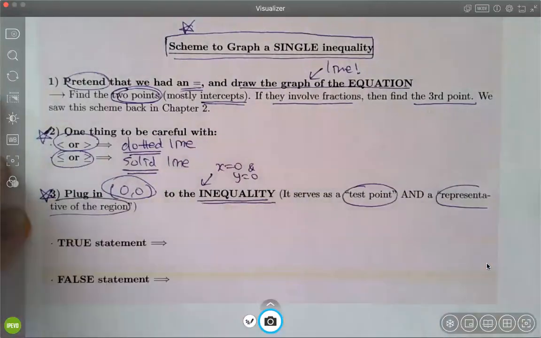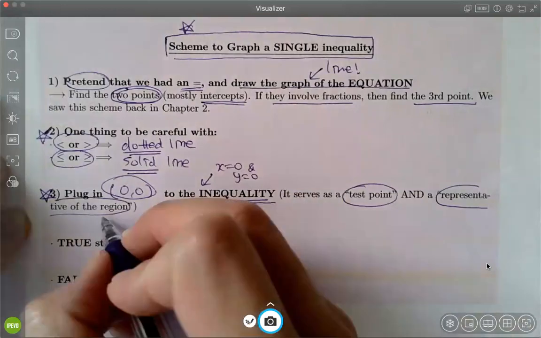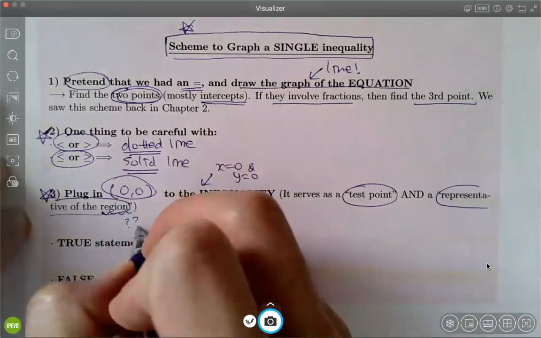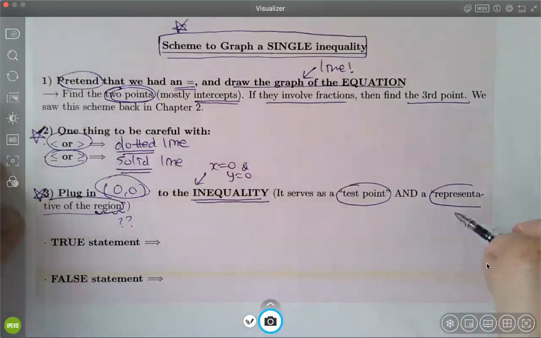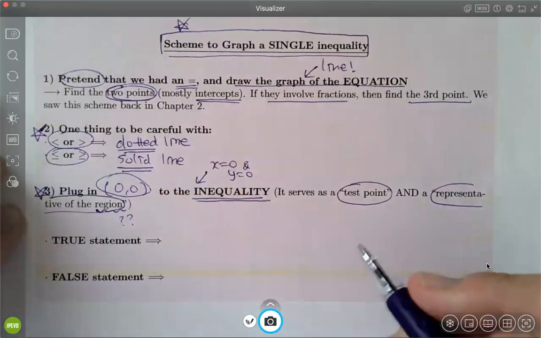So what does this region even mean? That is a bit unclear at this point, but once we do the problems, you'll see what I mean by the regions. So it serves as the test point.